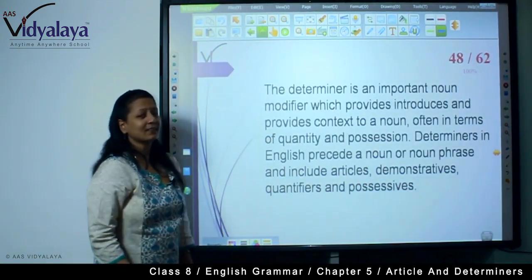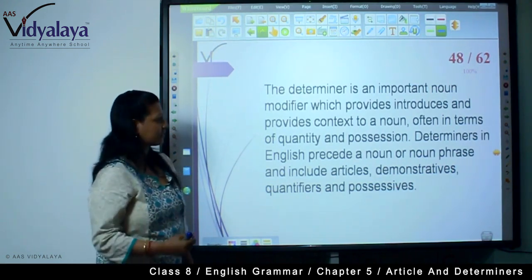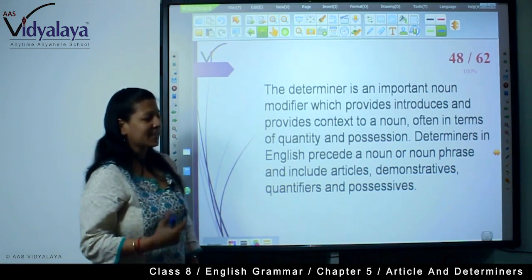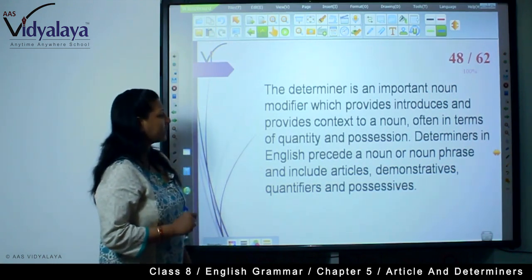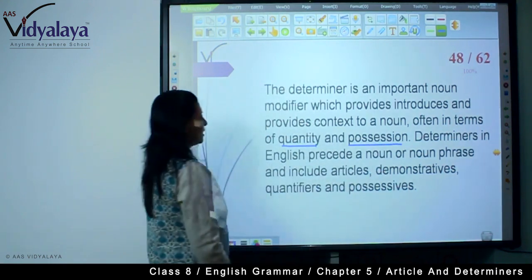Now, the determiner is an important noun modifier which introduces and provides context to a noun, often in terms of quantity and possession.